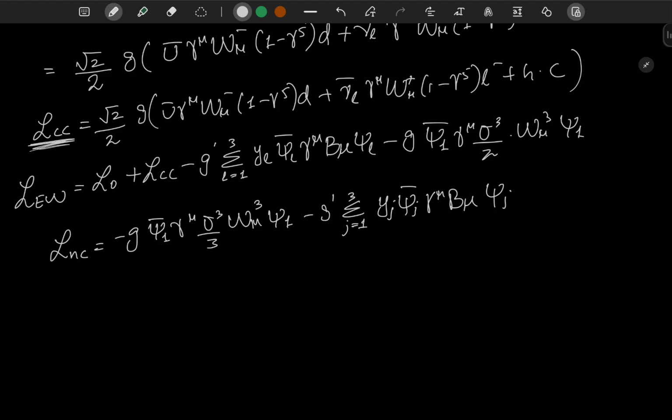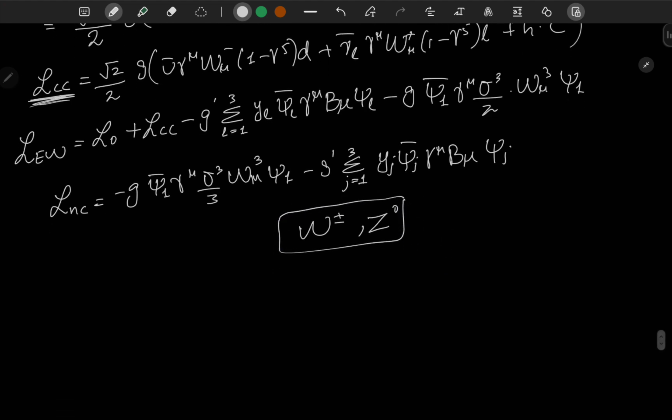So now, there are three bosons for Electroweak: W plus, minus, and Z0 that we find experimentally. We have already dealt with the W plus minus term, which corresponds to the charged current.